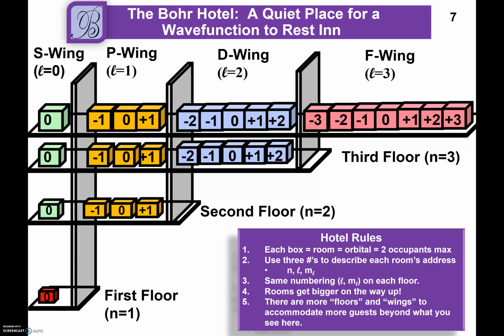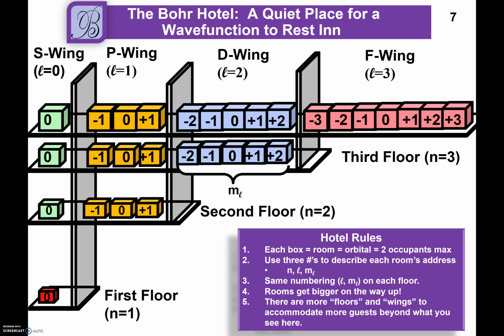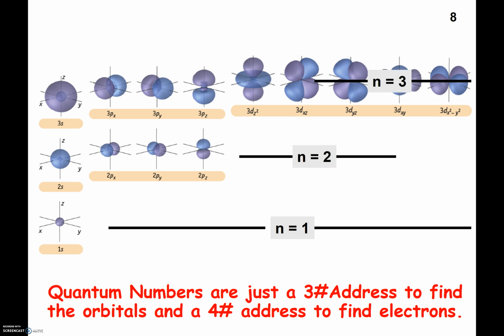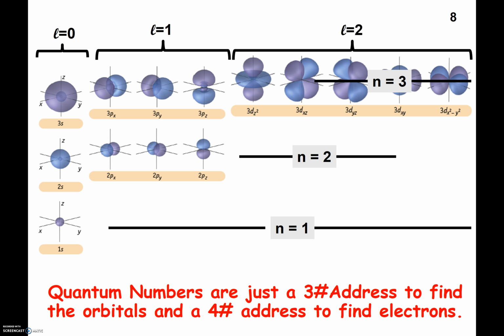Okay, but if there are 2 electrons that can be in those rooms, how do we differentiate between those? That was the M sub L number that you can see goes with those labels for each room. So once again, those are the principal energy level numbers. There's the angular quantum number with L's, L equals 0, L equals 1, L equals 2.